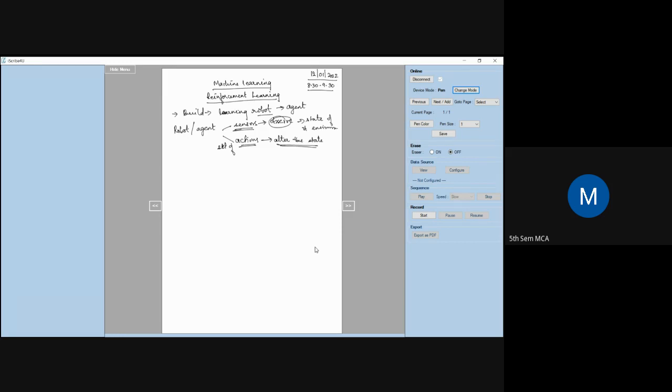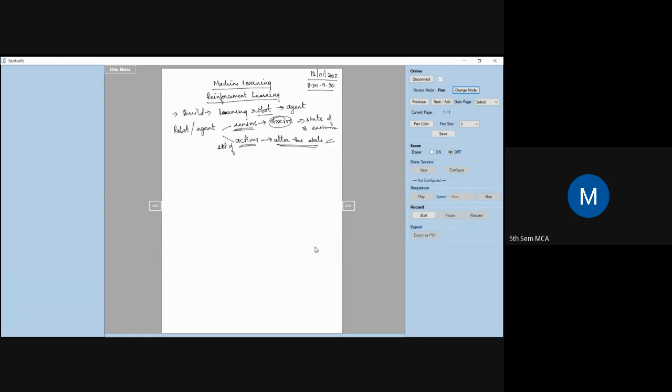Now this robo consists of sensors and some set of actions. Sensors are required so that it can observe the state of its environment, in what state it is right now. Based on that, it will take some action. When it takes some action, the state is going to get altered.